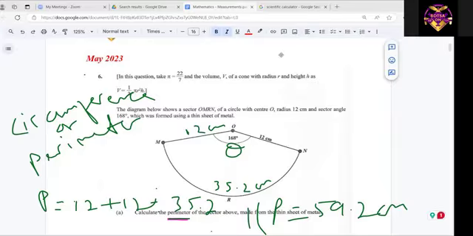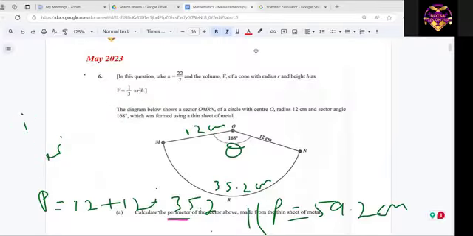Now, I may need some of these things for the next part of the same question, to be more specific. No, okay, so I will take off this. You are good. All right. So I'll take off this. I could take off this. I may need the perimeter, not sure yet.